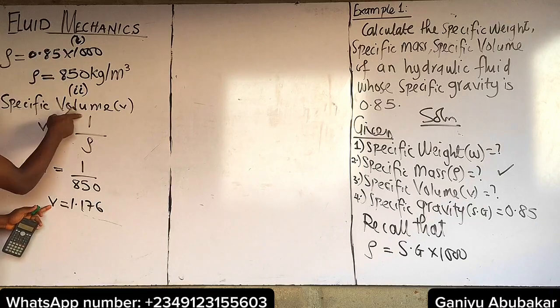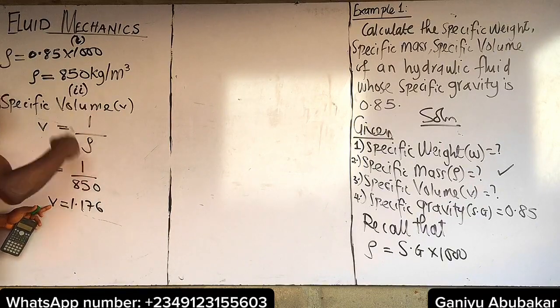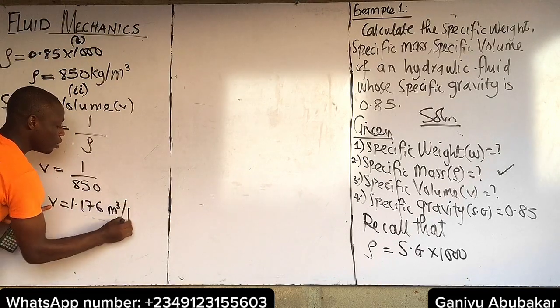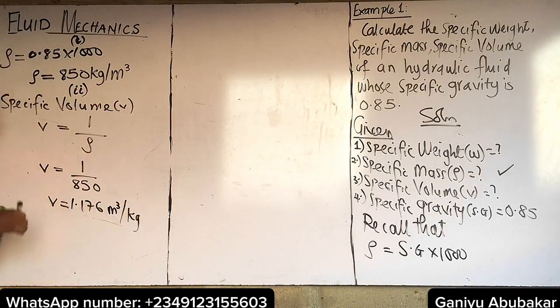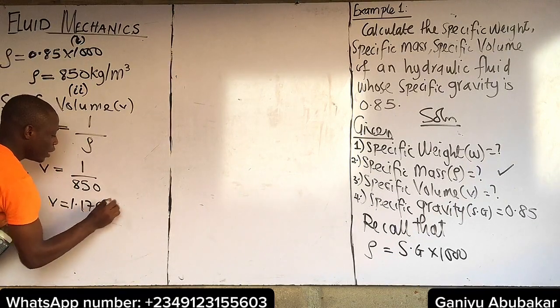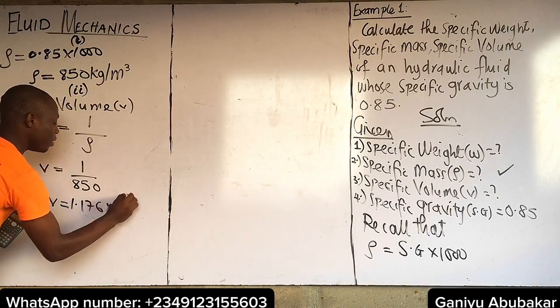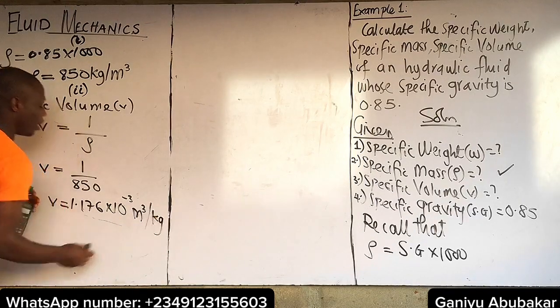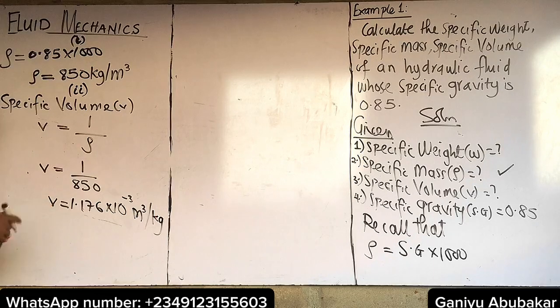We said specific volume is the ratio of volume to its mass, so that's meter cube per kilogram. Please observe your SI unit. So meter cube per kilogram is my SI unit for specific volume.